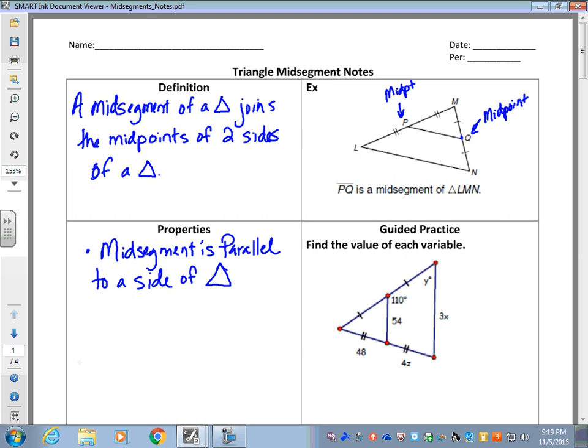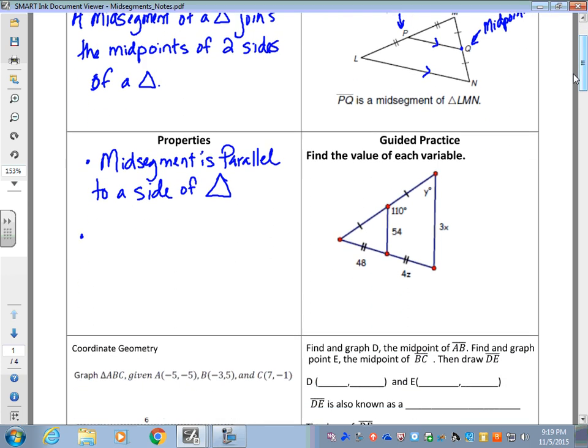Oops, that's ugly. Sorry. And so in our example up here, PQ is a midsegment, so it's going to be parallel to LN.